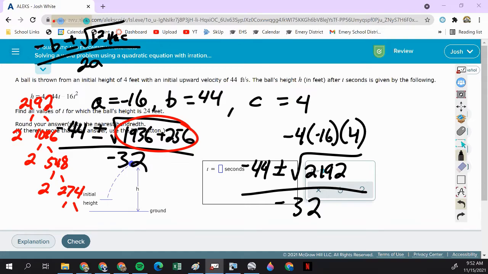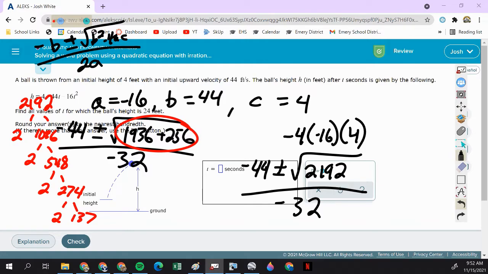Divided by 2 is 2 and 137. And I'm not sure. 3 doesn't work. 4 doesn't work. 5, 6, 7 doesn't work. 8, 9, 10, 11. So 137 is prime.